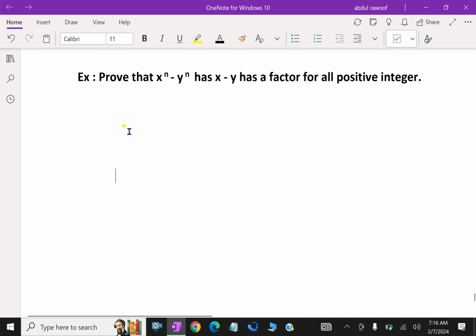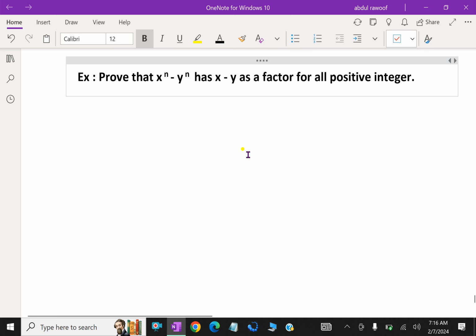Look at here. Prove that x power n minus y power n has x minus y as a factor for all positive integers.